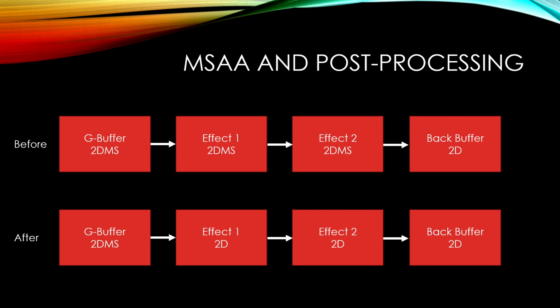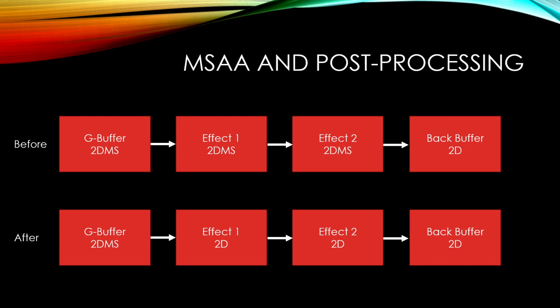The effects would retain those multiple samples all the way through the post-processing chain. And then the very last step, when it gets copied to the back buffer, is where it would get resolved to a single 2D image, and that's where you would get those anti-aliased pixels.